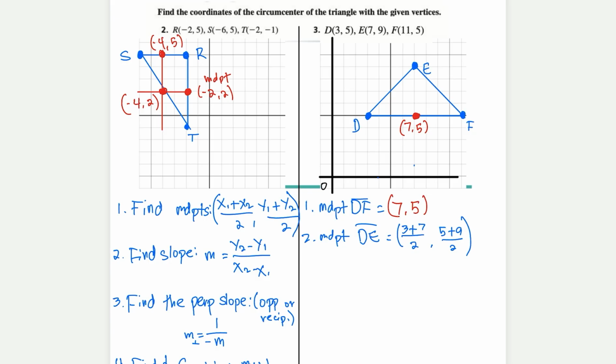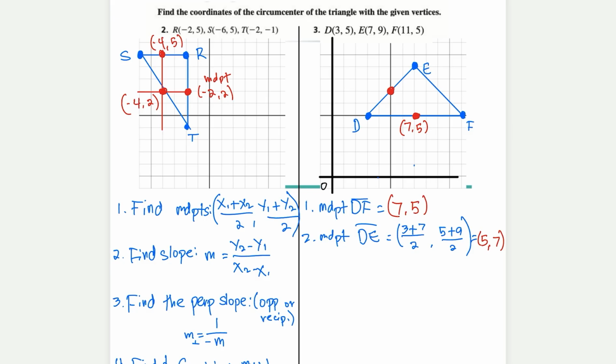7 plus 3 is 10 divided by 2 would give me 5. And then the second one, 9 plus 5 is 14 divided by 2 would give me 7. So that's the midpoint of DE, so 5 and 7.